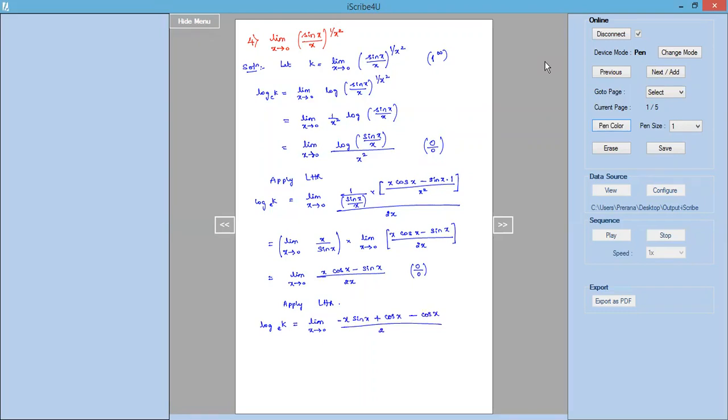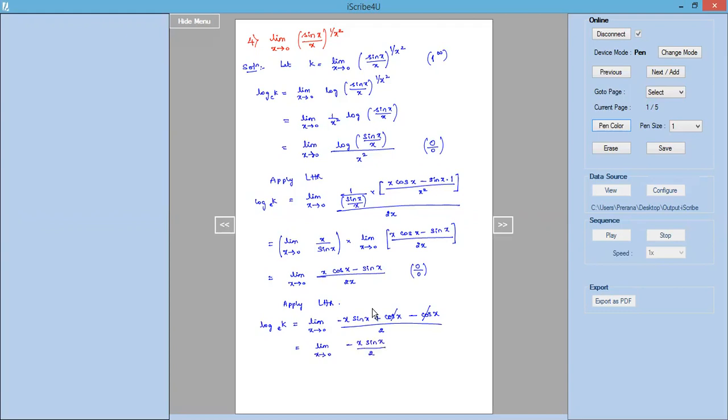For x into cos x, x as it is, the differentiation of cos x is minus sin x, plus cos x as it is, the differentiation of x is 1, minus sin x's differentiation, cos x. We observe that cos x gets cancelled, the plus and the minus sign. So we just remain with the limit as x tends to 0 of minus x into sin x divided by 2.